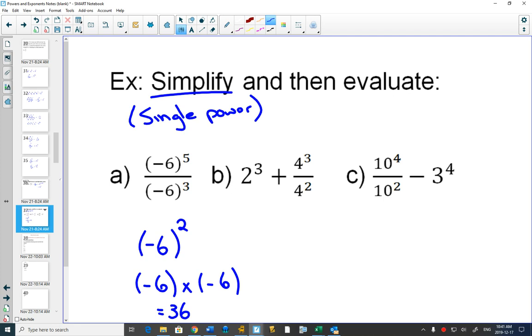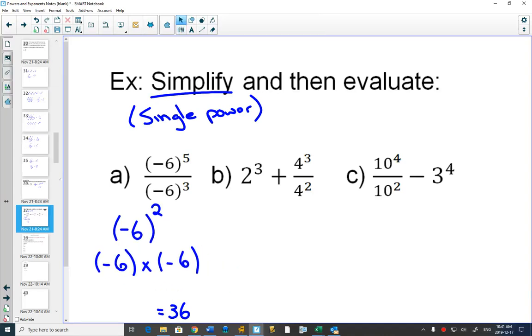But if you tried to do this at the beginning without your calculator, 6 times 6 times 6 times 6 times 6 is way too big to figure out in your head. So then you would have to use a calculator. But if we simplify first, we can do it without our calculator.